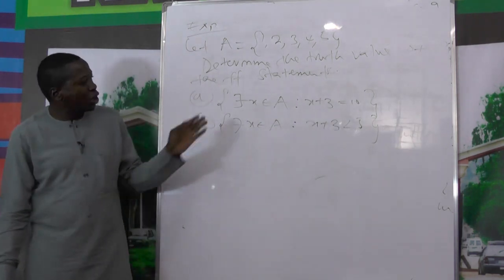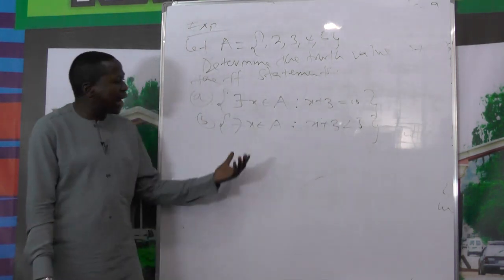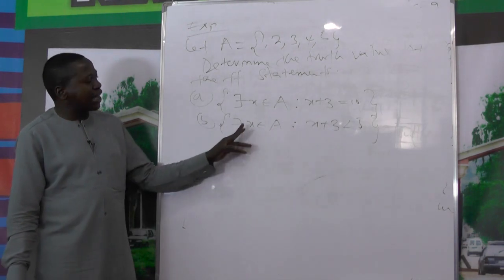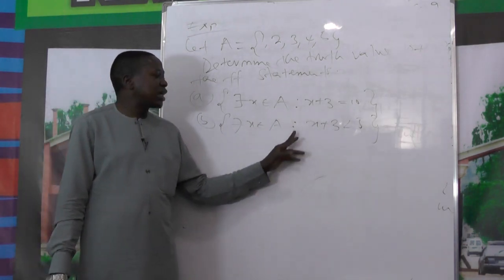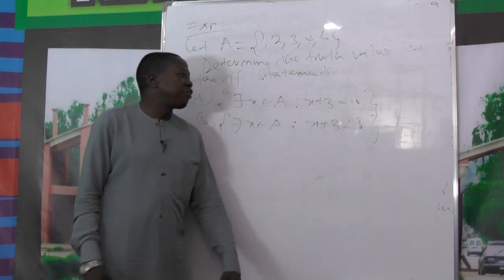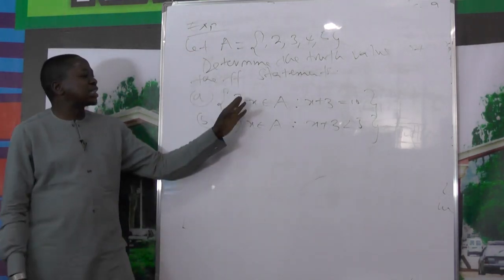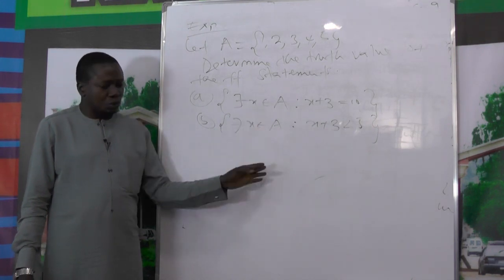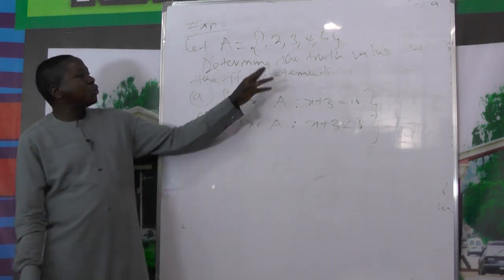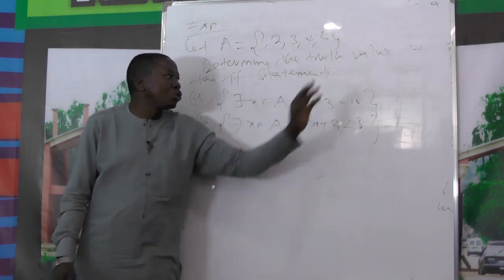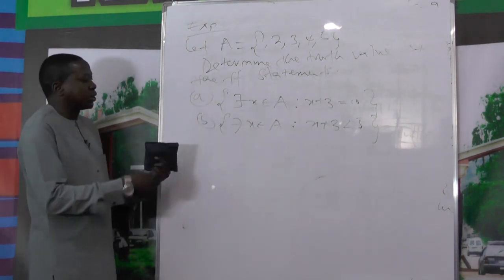It's a statement, but they wrote it in code. And this one again, there exists X element of A such that X plus 3 is less than 5. In these examples, we want to know whether these statements are true or false. That's why we are told to determine the truth value of the following statement. Solution.